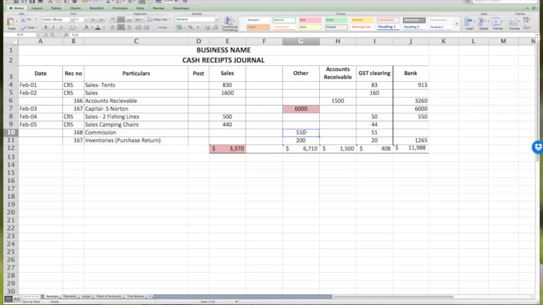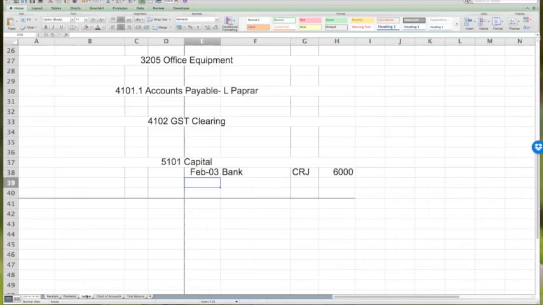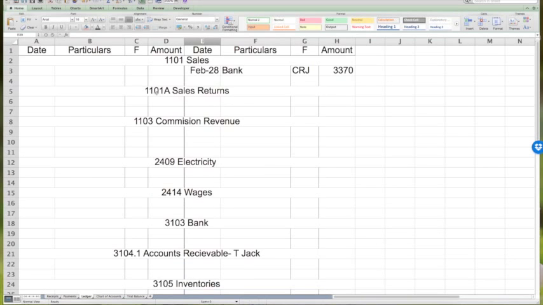Next square in the other column, we've got commission revenue happening here. That occurred just once, and we're not posting a total, so I'll post it for the actual day. It occurred on the 5th of February. So we'll pop that into our ledger, find our commission revenue account. It's up the top here. February the 5th.